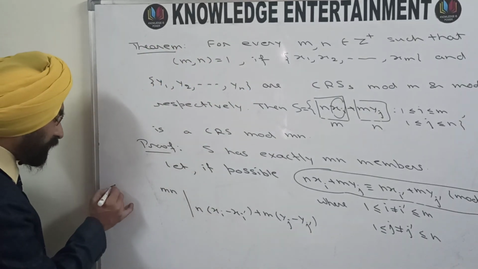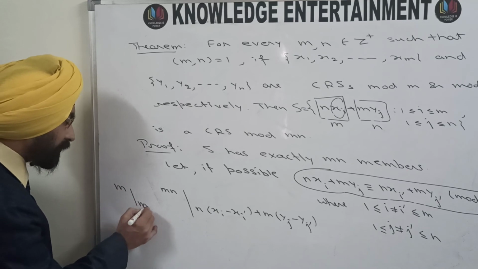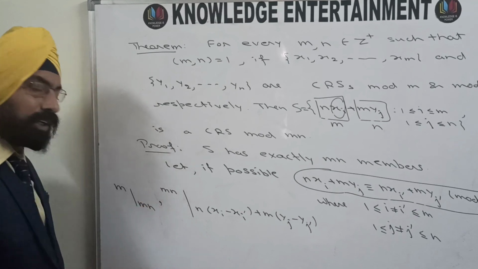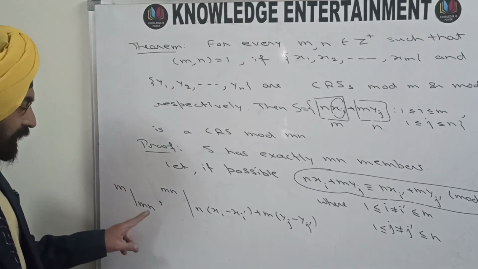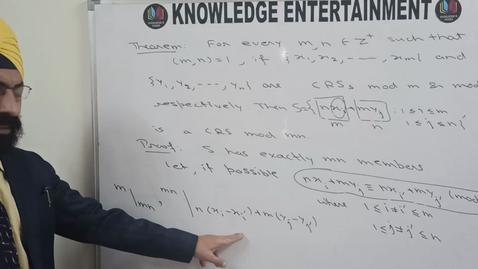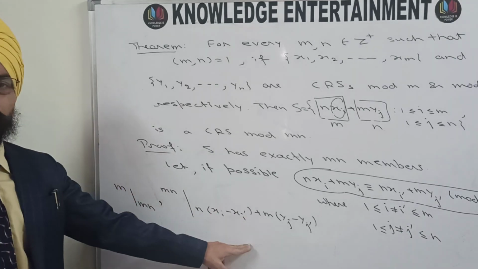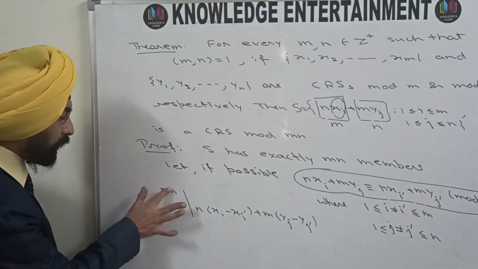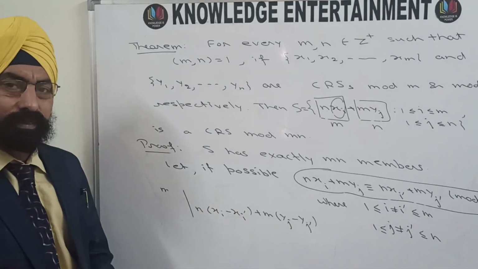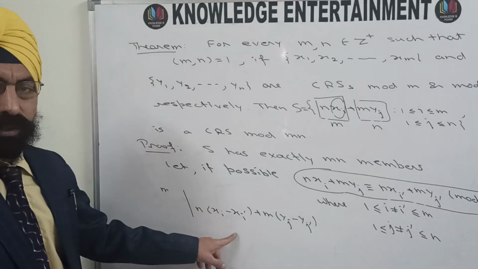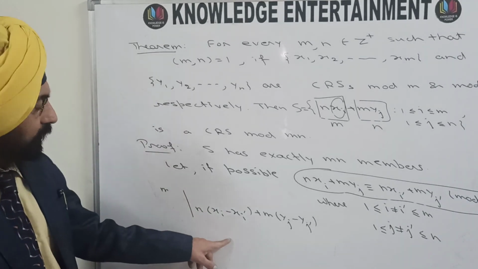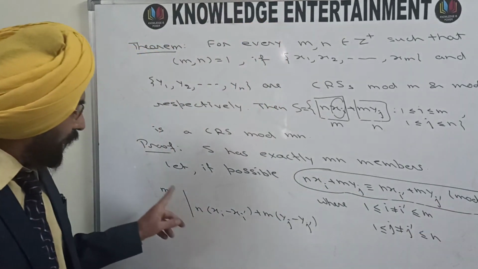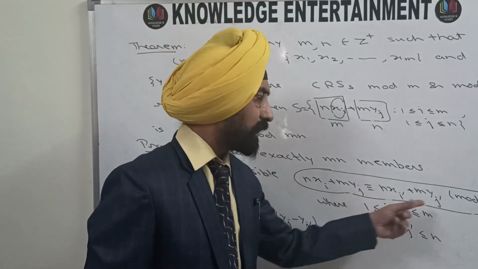Also, you know very well that mn is a multiple of m, so m divides mn. Now use transitivity. m divides mn and mn divides this quantity, so m divides this quantity. Earlier the congruence was modulo mn, and now since m divides this quantity, the congruence is modulo m.